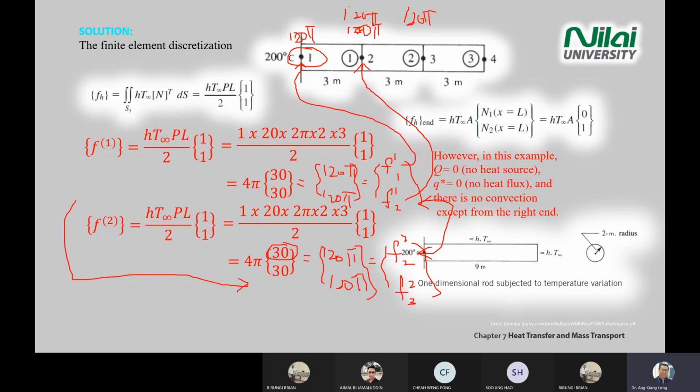Okay, it agrees. It means you're doing the correct calculation because this point is connecting element 1 and element 2 and the temperature should be the same. Unless they're using a different K value or different H value, sorry. Then you'll get a different answer, okay?